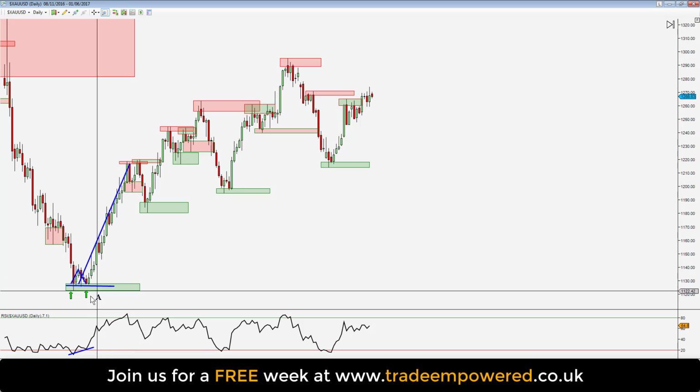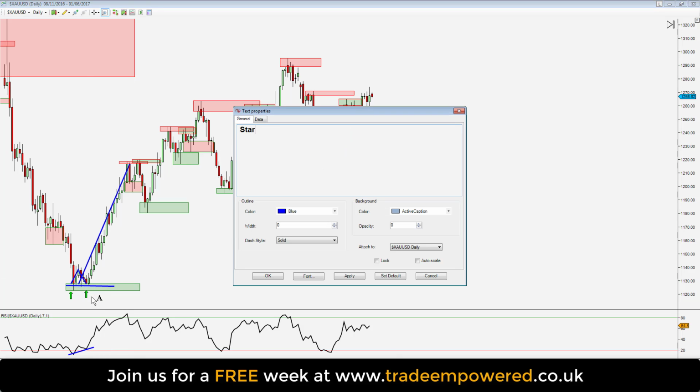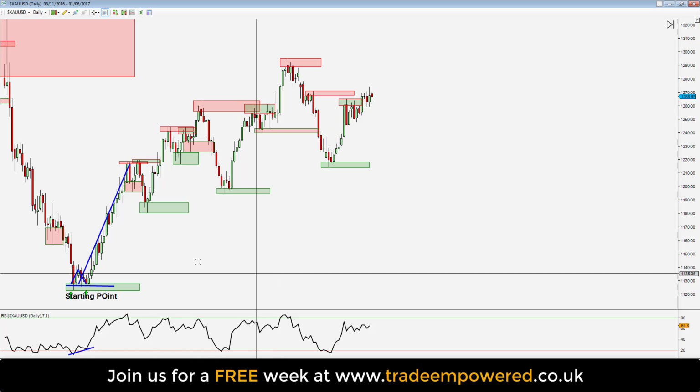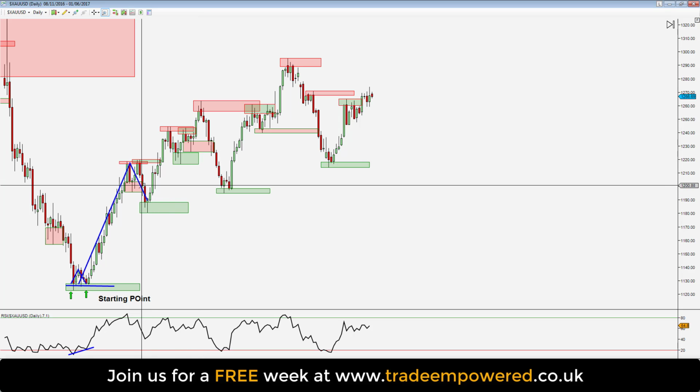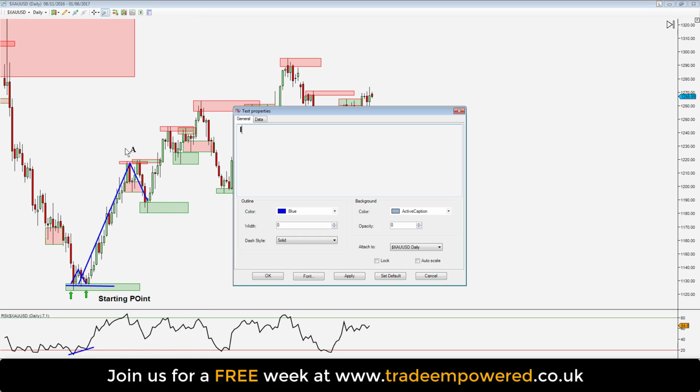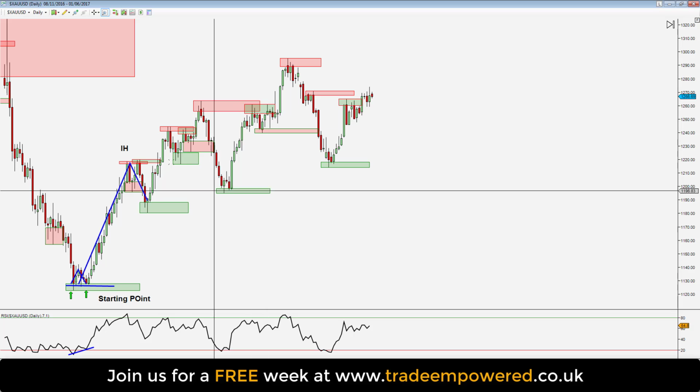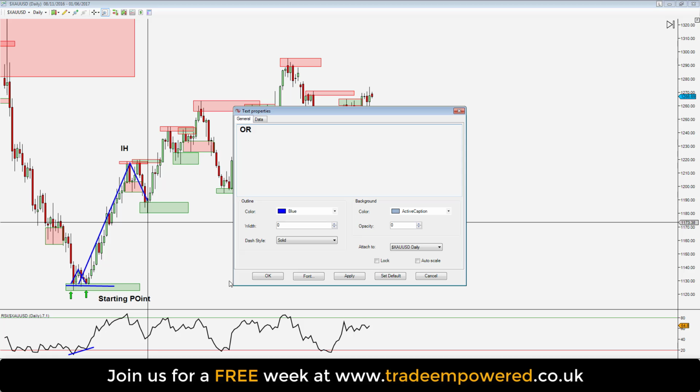Okay, so I'm going to call this our starting point. We then have our initial high. Okay, we then have a pullback, which we refer to as an outside return.